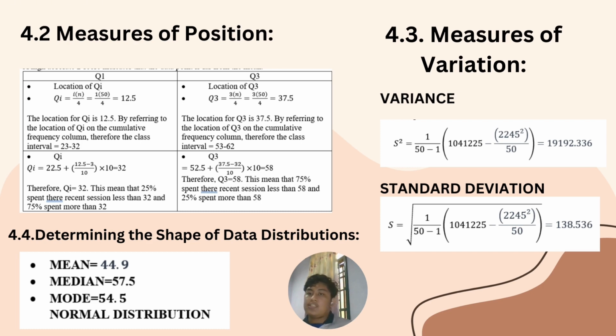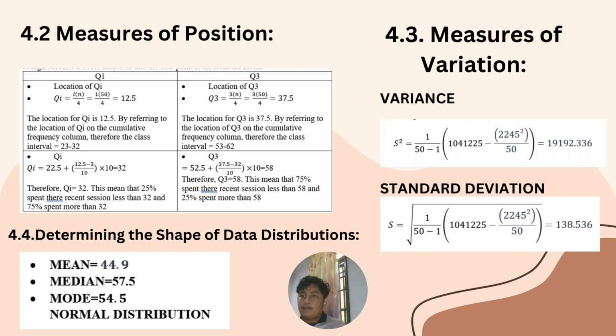So, square root of 1 over 50 minus 1, open, 1,041,225 minus 2,245 to the power of 2 over 50, close, and you will get 138.536.